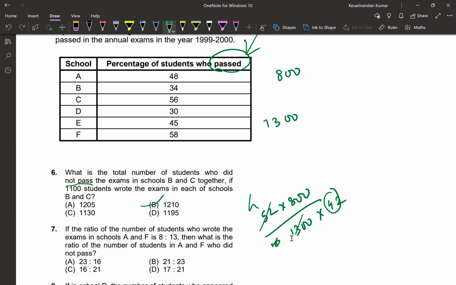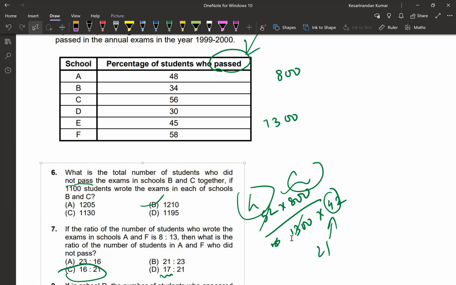And 17 is present here. Is 17 anywhere here or here somewhere? No. Your answer is done. No need to calculate. Your answer is C, because 21 will always be present here. There is no 7 in the numerator which can cancel the 7 of 42 and bring it to somewhere around 16 or something. Be smart with the calculations, guys. You don't need brute force in this. Got it? How to solve?